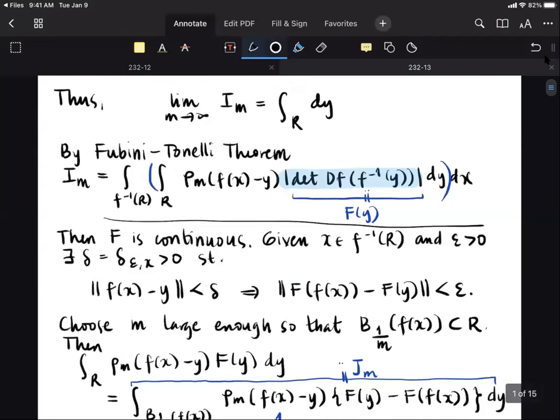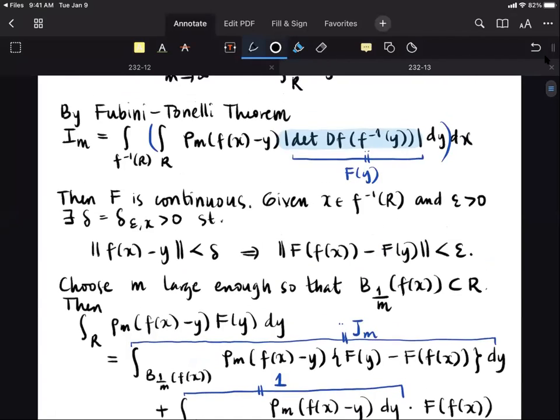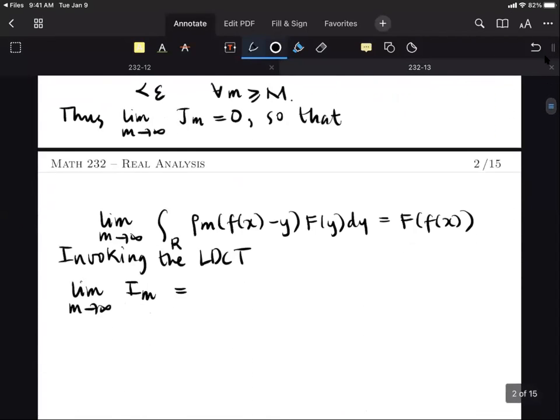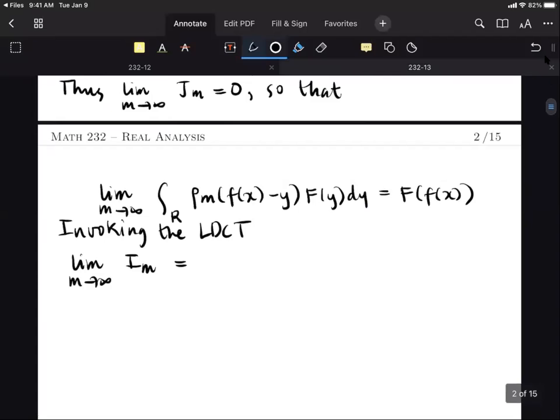We can now take the limit of the inner integral, and we know that the limit is capital F of f of x. So that would be the following. So this would be f inverse of r. The limit of the inner integral is this one, f of x dx.